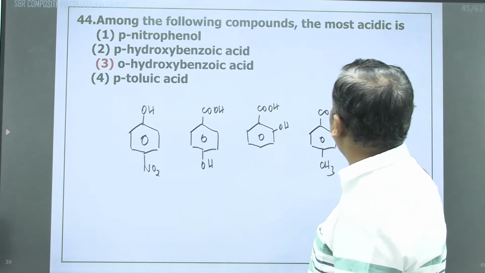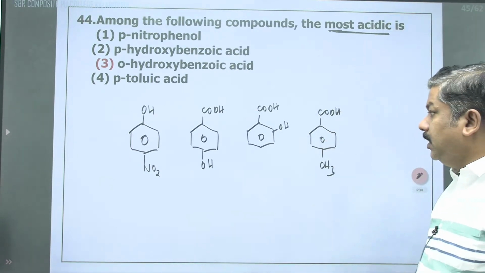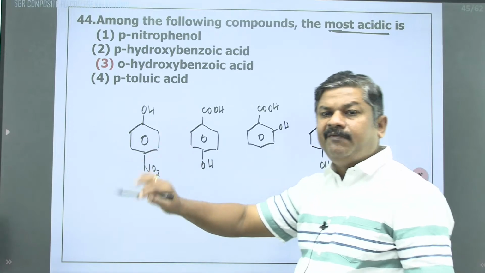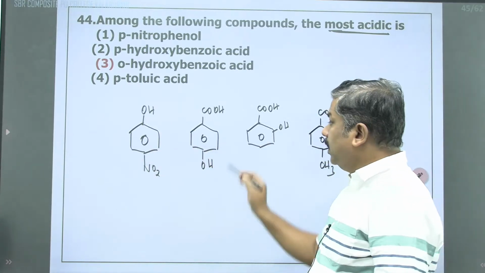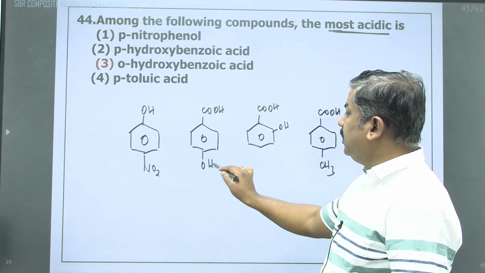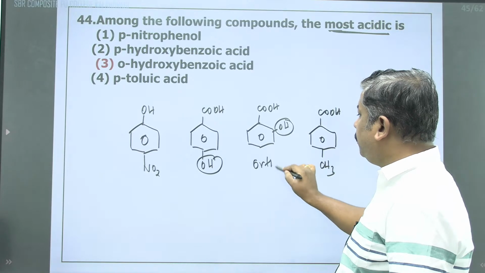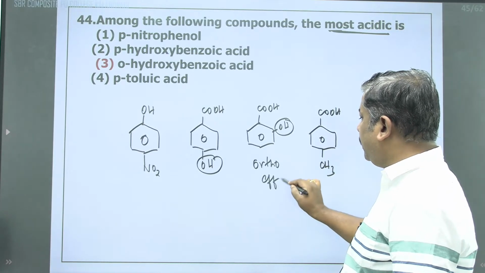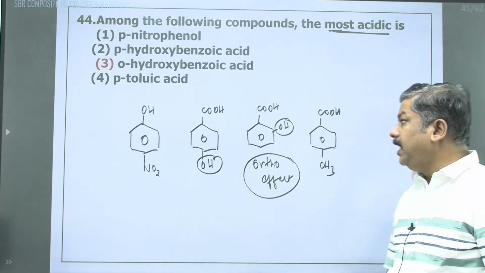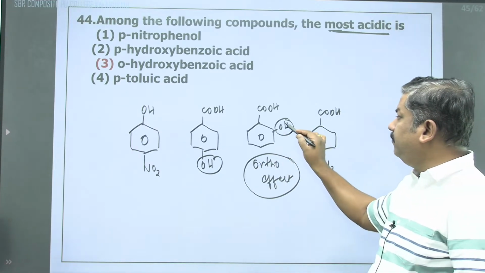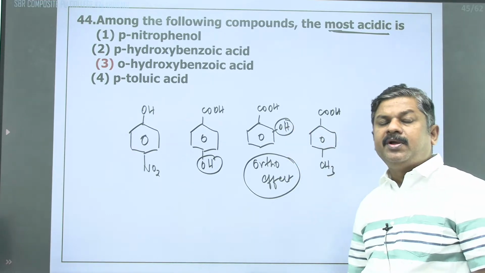They are asking for the most acidic compound out of the four compounds. The first one is a phenol. Leave that phenol aside, since it is less acidic compared to the remaining three compounds. Now here the OH is present at the para position, and here it is present at the ortho position. For this compound, the ortho effect is applicable. In any carboxylic acid, if the ortho position contains a substituent, that compound is always stronger in acidity.